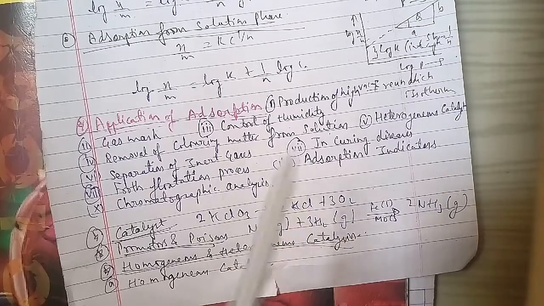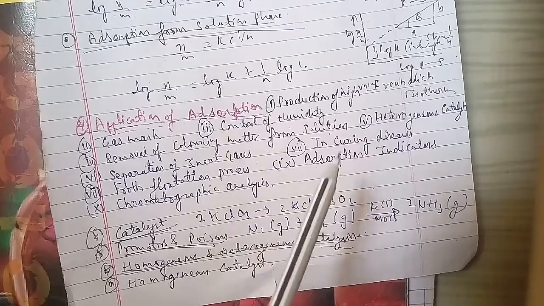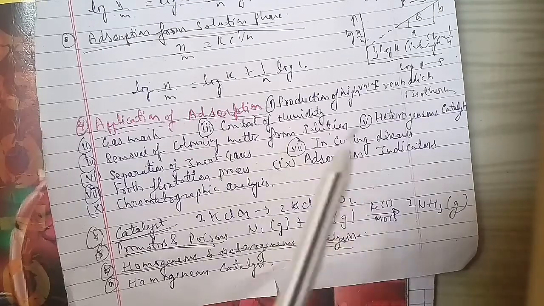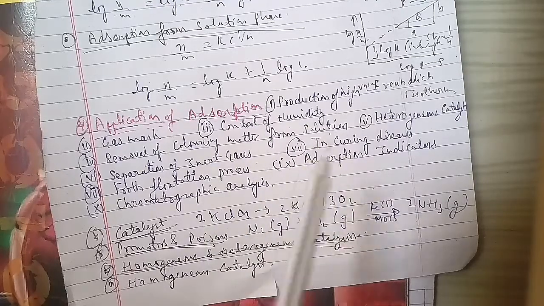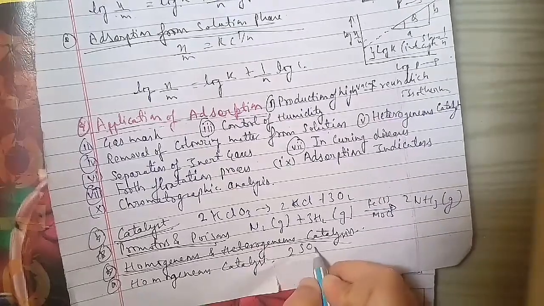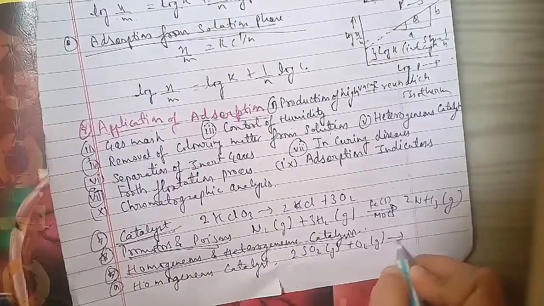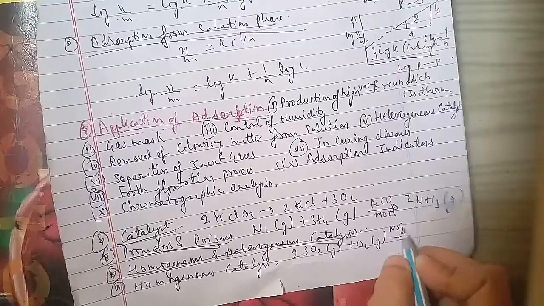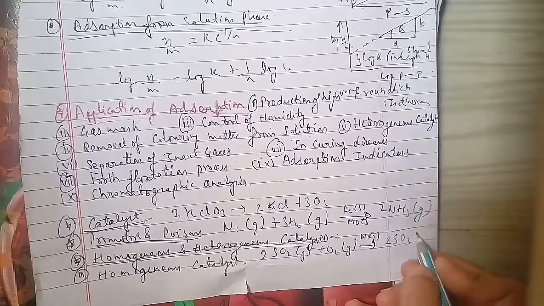CH3COOCH3 liquid plus H2O liquid, in the presence of HCl liquid, gives CH3COOH aqueous plus CH3OH. Here both the reactants and the catalyst are in the same phase.